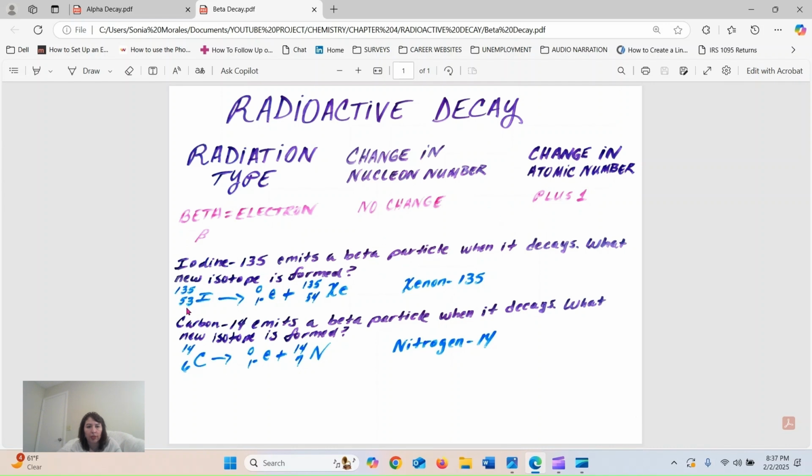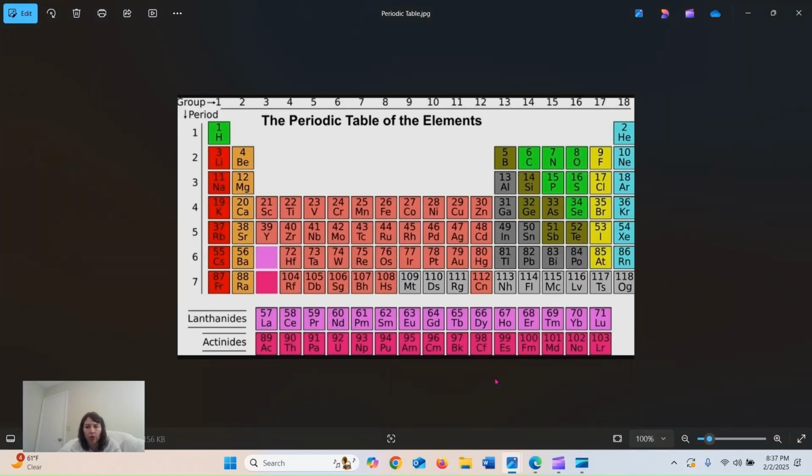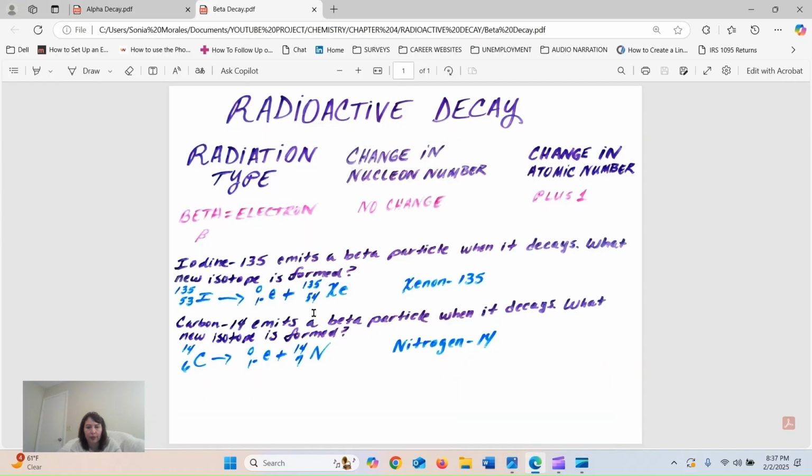So this 53 plus 1 gives you 54. So you go to the periodic table of elements to find out what that element is. So let's go to element 54, which is xenon, right here. So that being said, you get Xe. So the new isotope formed is xenon-135.